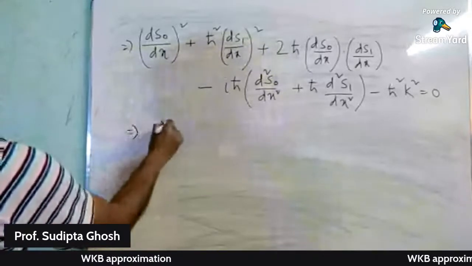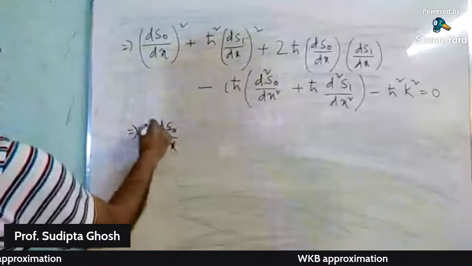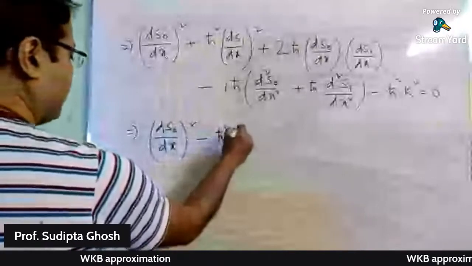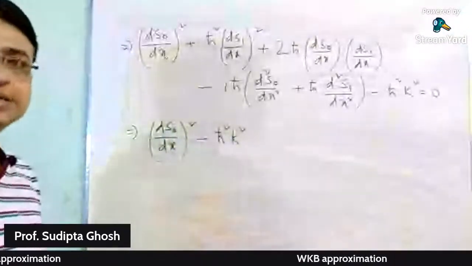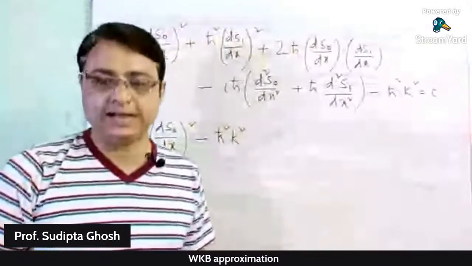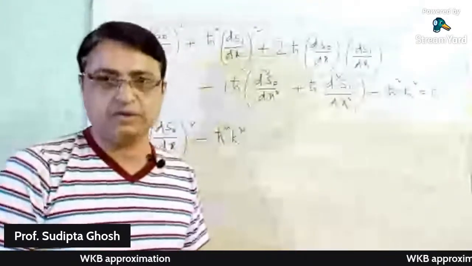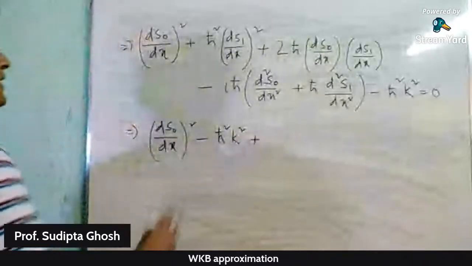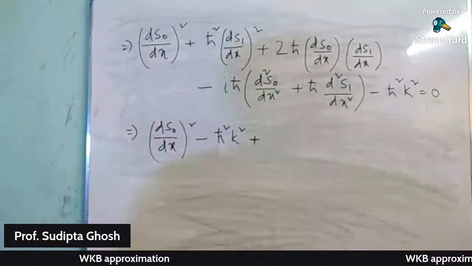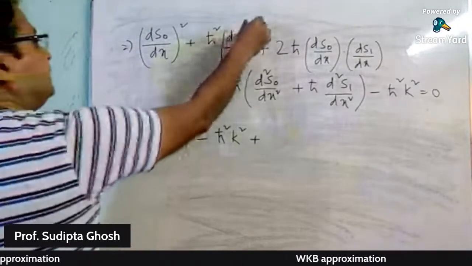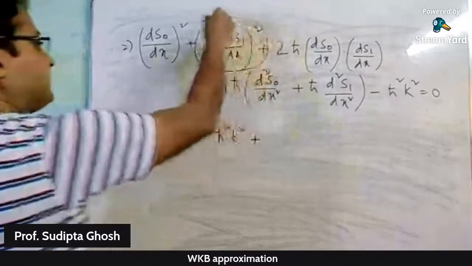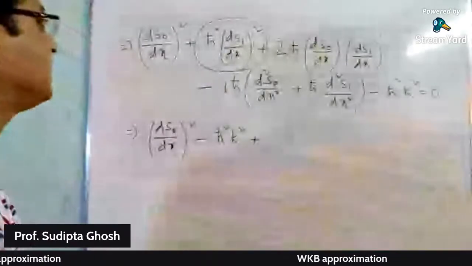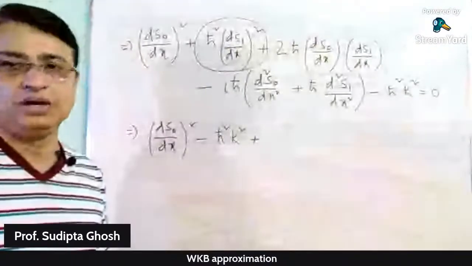So it will be (ds0/dx)² minus ħ² k². Now I am retaining this term ħ² k², and why I am retaining it I will explain just now. And then this term ħ² (ds1/dx)²: neglecting it, because again ħ is small, so this term will be very small.